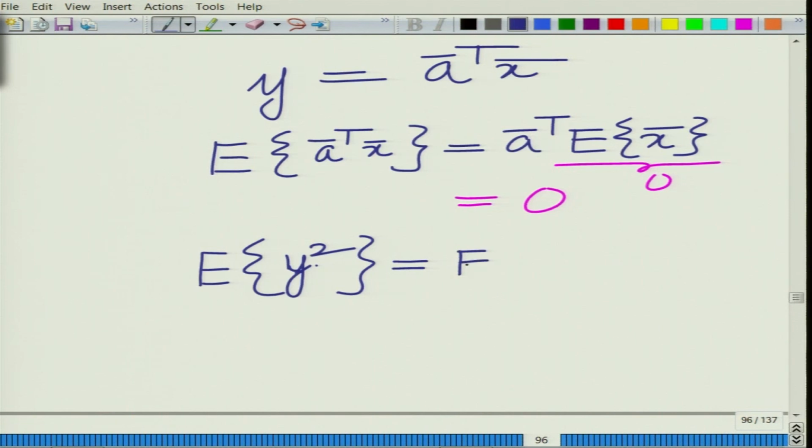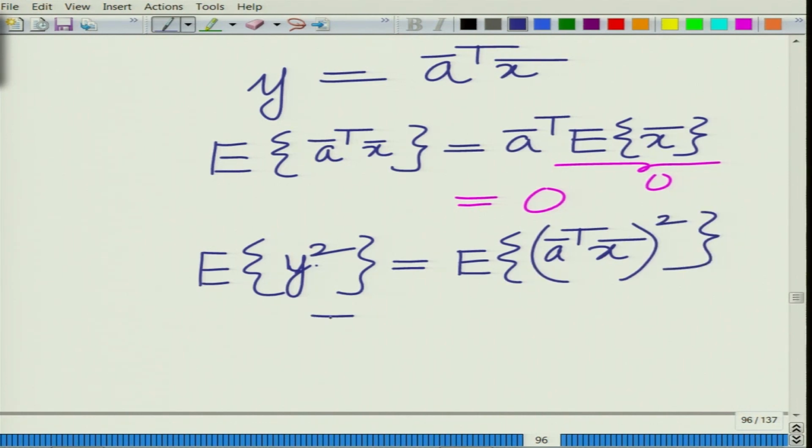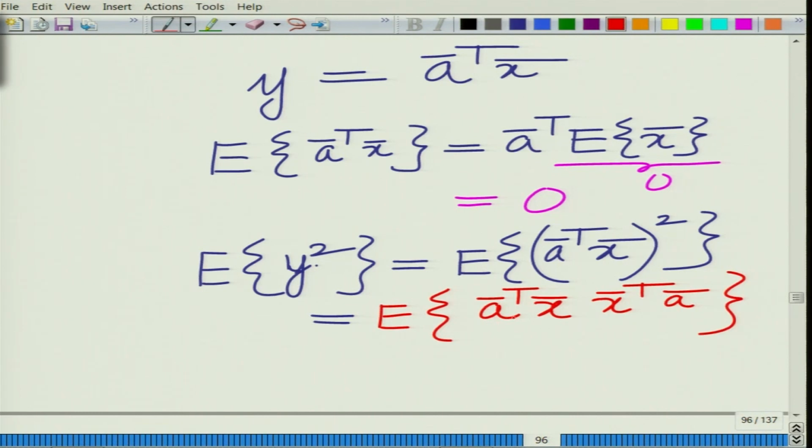will be the expected value of a bar transpose x bar, whole square, which I can write interestingly as the expected value of a bar transpose x bar times x bar transpose a bar, because it is a scalar quantity, both a bar transpose x bar and x bar transpose a bar are one and the same, right.